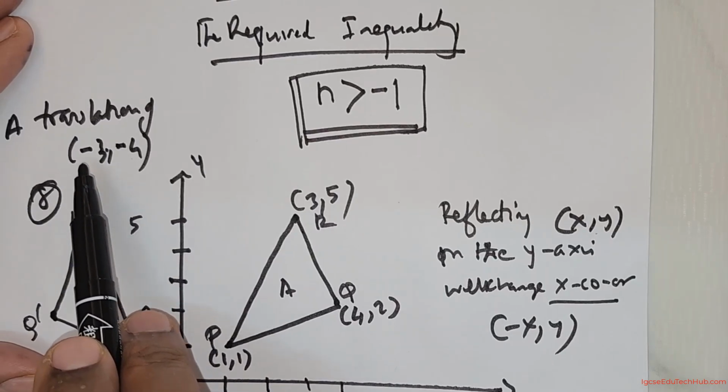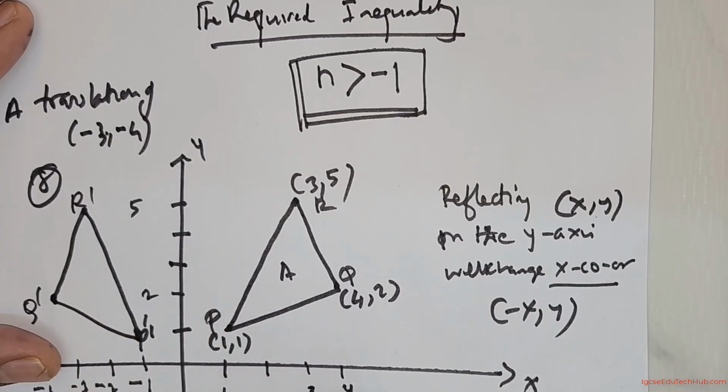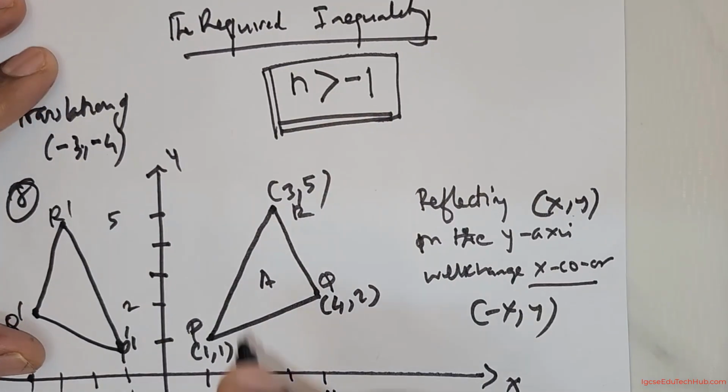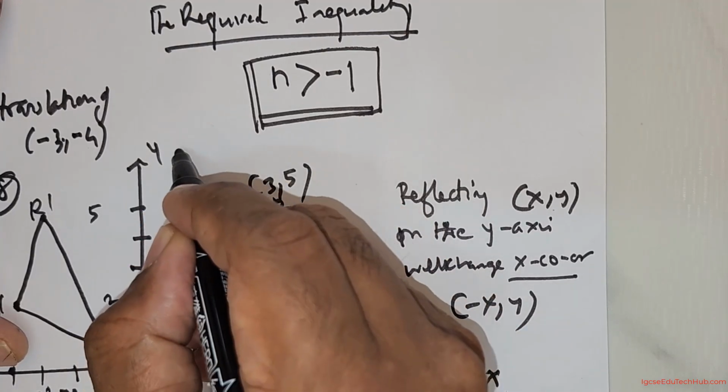You add negative 3 to the x coordinate, negative 4 to the y coordinate. So you will obtain the new translation and you have to obtain those coordinates. So what I will do is probably I will, since the figure is here, I will write the solution here.